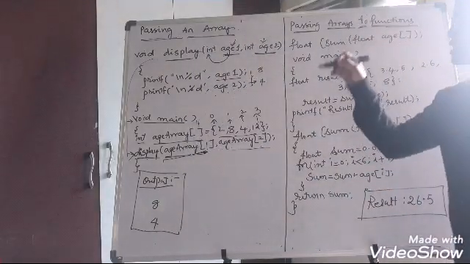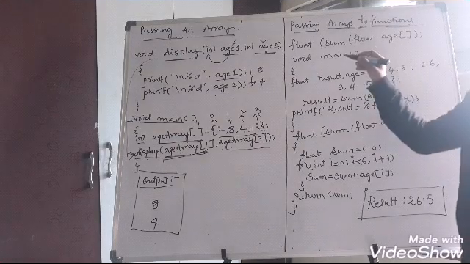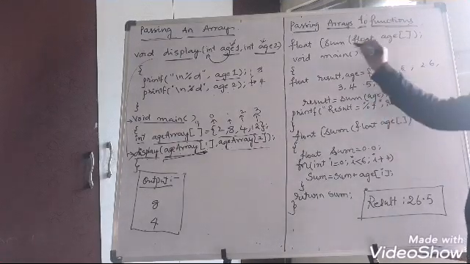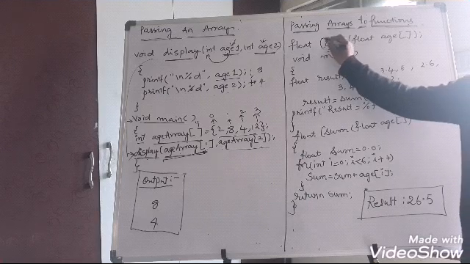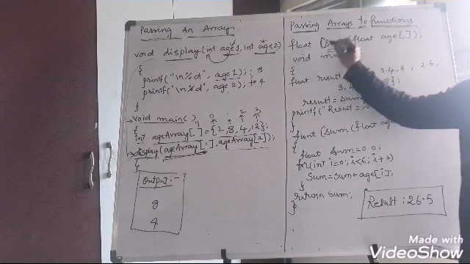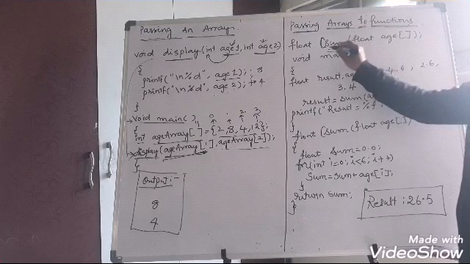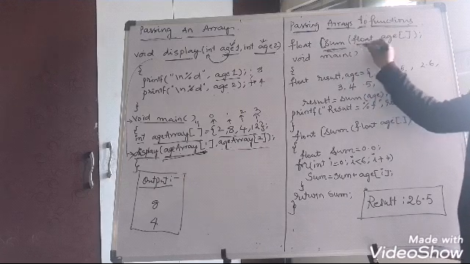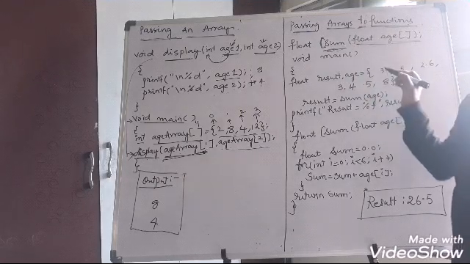So here in this example I would like to write a function, a sum calculating function. C sum is the function. This is my function declaration.